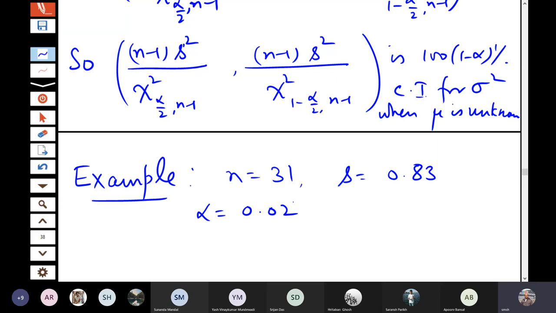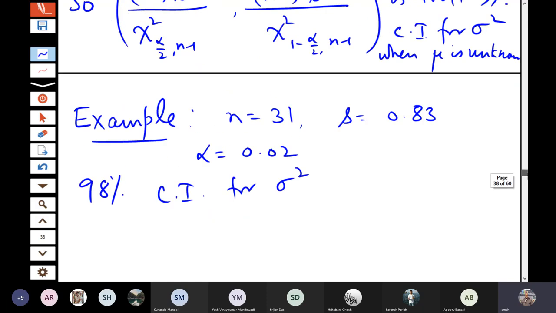Okay. So the 98% confidence interval for sigma square will be 30 s square, that is 0.83 square, divided by chi square.